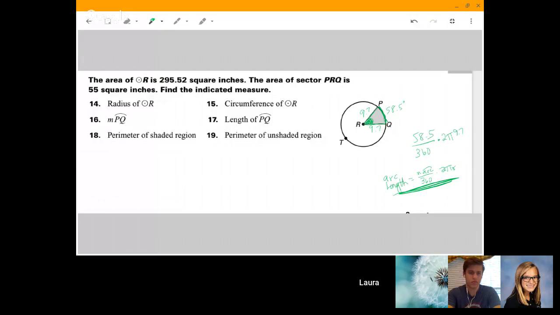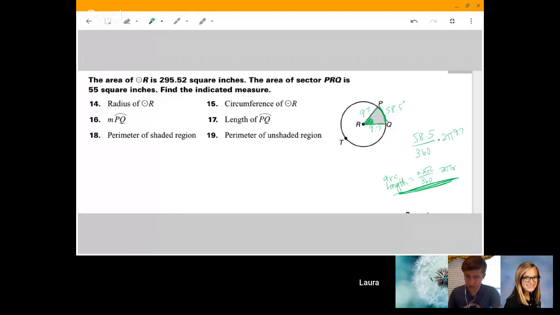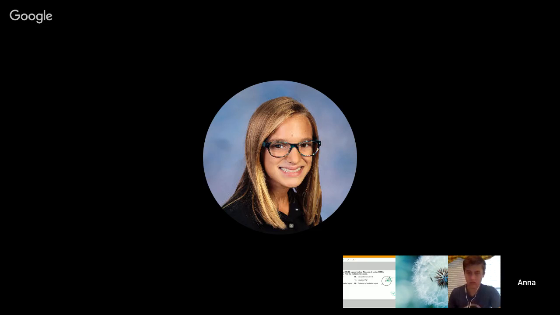That will give us that curved length, that part of the boundary. So I got 9.9. Let's see, times pi times 7. That's what I got. Okay. So just this piece.